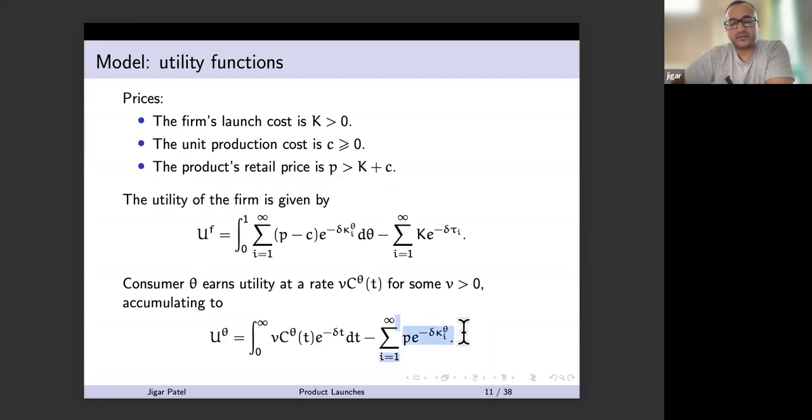So amount of the price I paid over time, right? I bought every product at time kappa i, and I paid price P. So this is my utility, right? The utility, the joy I get minus the price I paid. Are we okay with this so far, people? It seems okay. Any ambiguity in this?